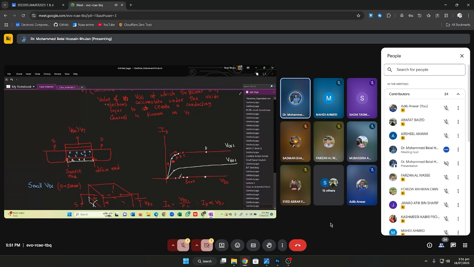The top curve looks like it has two parts. One part is where the current is increasing, and one part is where the current is constant. Right? If I divide it in two parts, the current ID increasing, and ID constant. So that's the ID increasing part and this ID constant part.